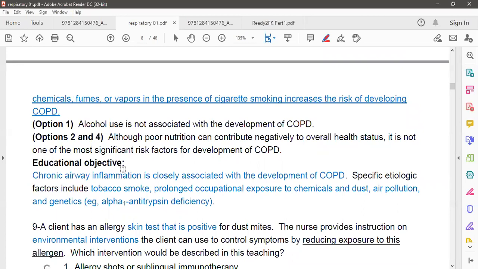Position the patient in high Fowler, encourage coughing, deep breathing, use of incentive spirometer, encourage proper nutrition, especially increased calories and protein, and educate the patient about breathing techniques, maybe abdominal breathing or pursed-lip breathing, right?